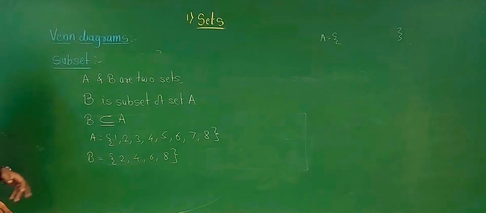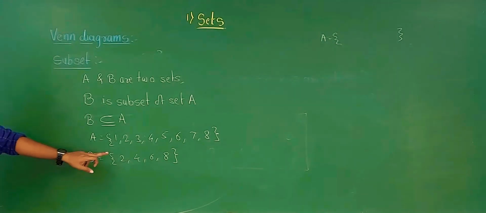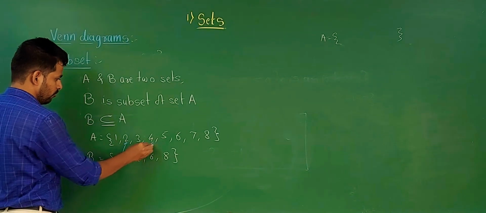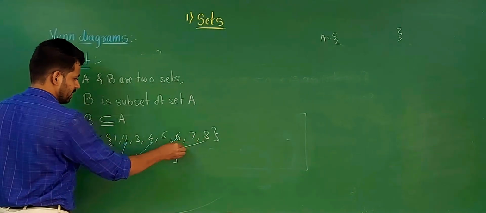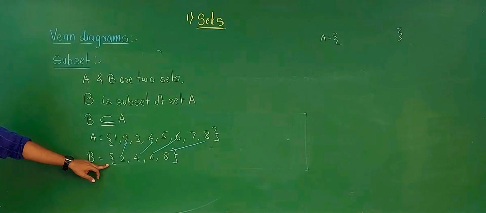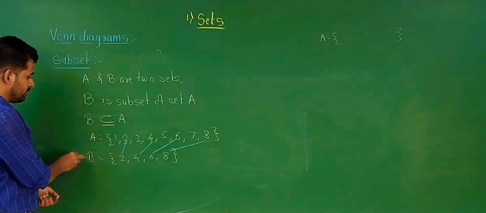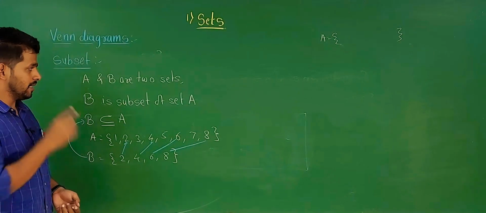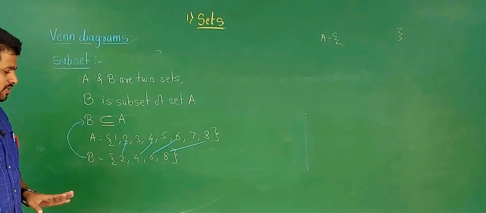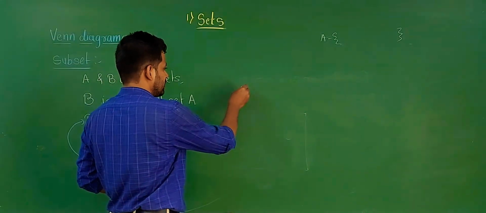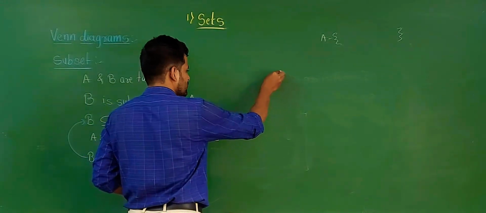Now every element of set B, that is 2, 4, 6 and 8, is present in set A. That's why we say B is a subset of A. Understand? How do we represent a subset using a Venn diagram? It is simple: for a subset, first we draw two ovals.